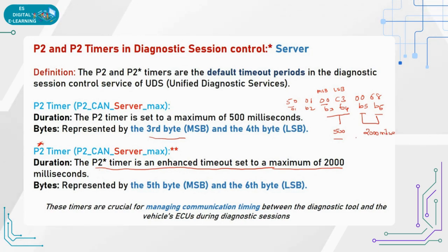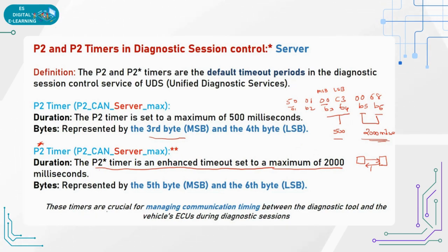In real time, these are the timing parameters they will use in the projects. Between CANoe and the ECU, when the request is sent, the ECU will take some time to respond, and that time is given as 500 and 2000 milliseconds.